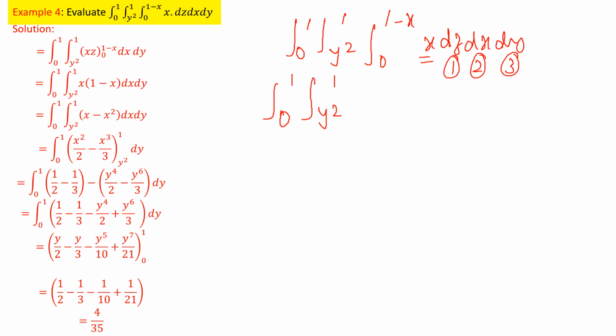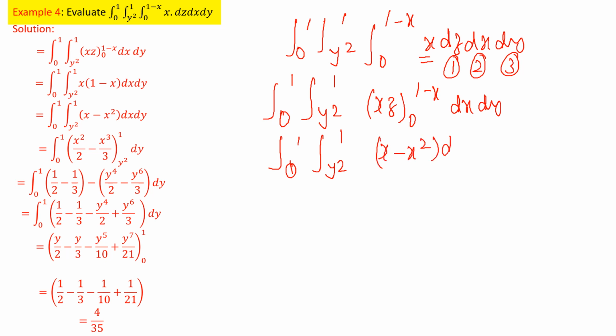Integration of the function x with respect to z will give you xz between the limits 0 to 1 minus x, dx and dy. So this will be 0 to 1, y squared to 1. By substituting z equal to 1 minus x, we have x minus x power 2 and dx dy.